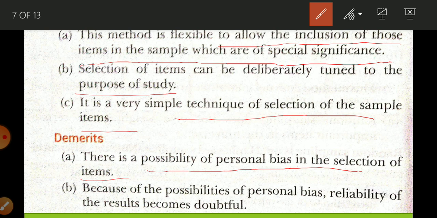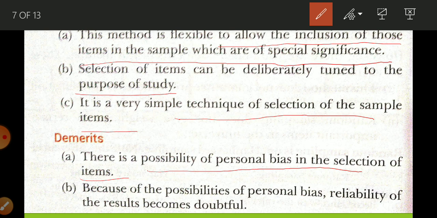Okay, suppose the responsibility is given to your class teacher to select 5 students who are good in cricket, or good in, say, mathematics.